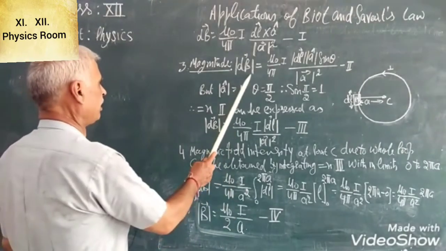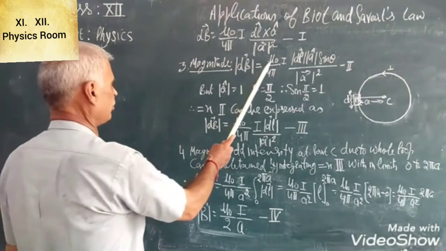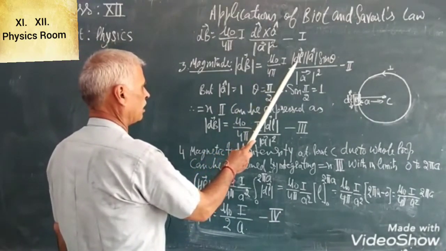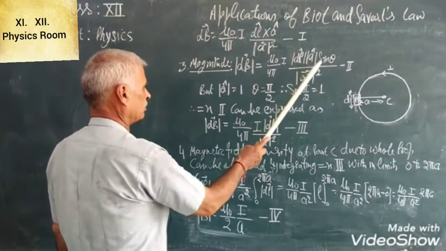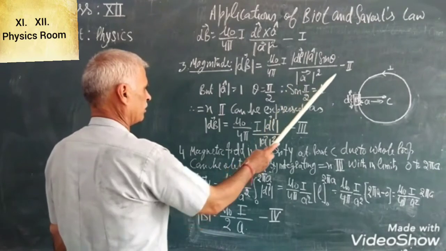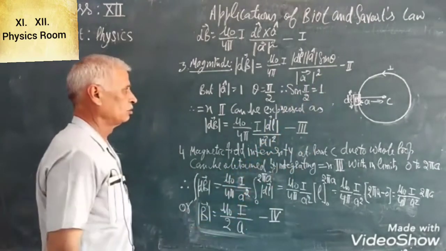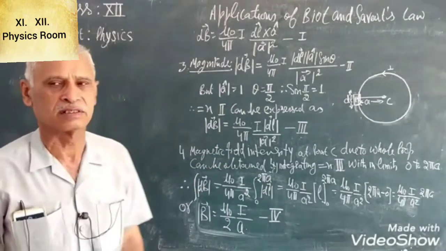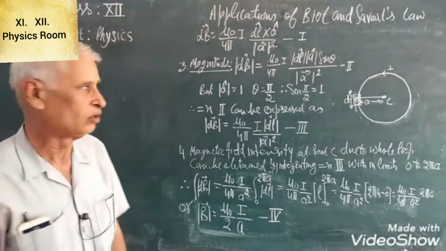Now mod dB is equal to mu 0 over 4 pi, I mod dl mod A cap sin theta divided by mod A square. Equation number 2. So this equation gives us the magnitude of magnetic field intensity at the center of the loop.